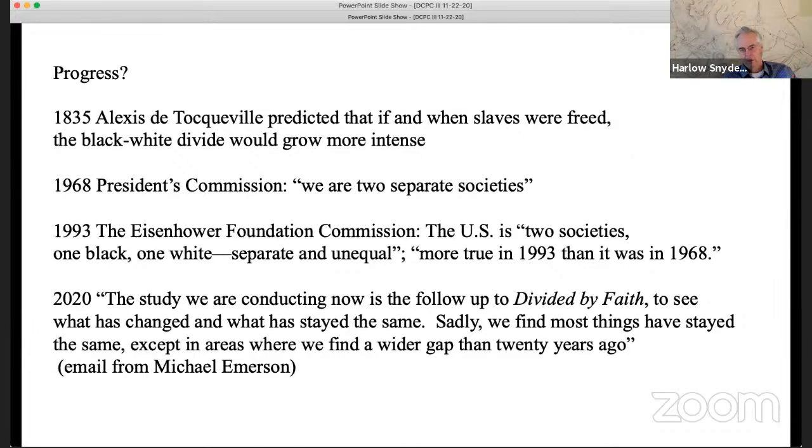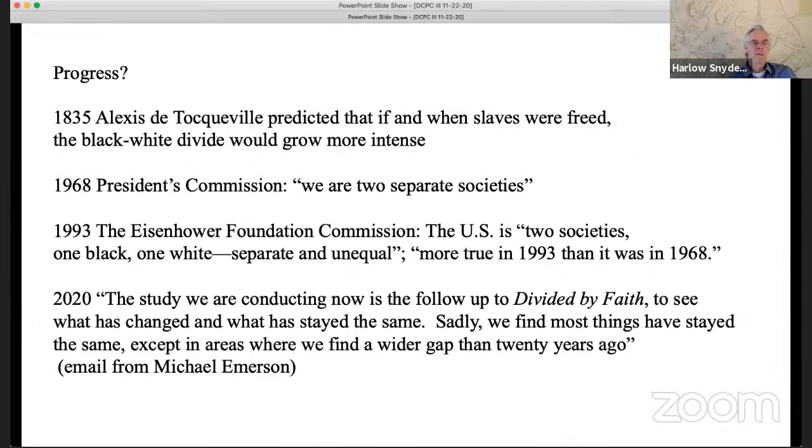And then Emerson and Smith were basically writing in the wake of this study. I actually wrote to Emerson and Smith to find out any updates. Emerson has himself got a very large grant to do a follow-up study. What Emerson told me in an email is that the study they're now conducting, as of this moment in 2020, which they hope to complete next year, is the follow-up to Divided by Faith, to see what has changed and what has stayed the same.